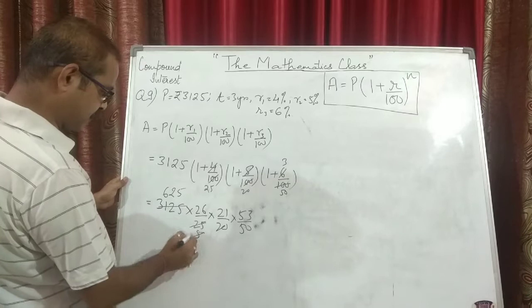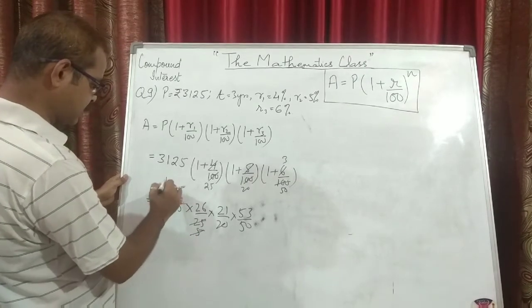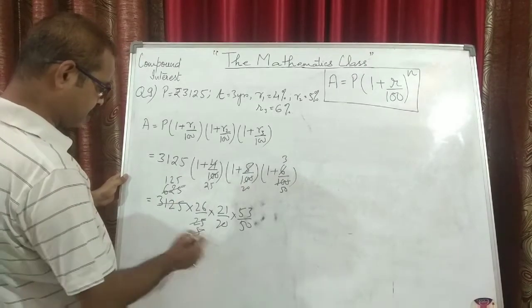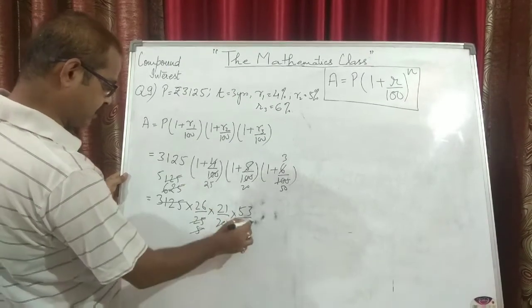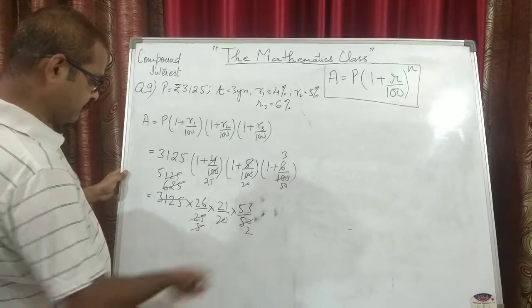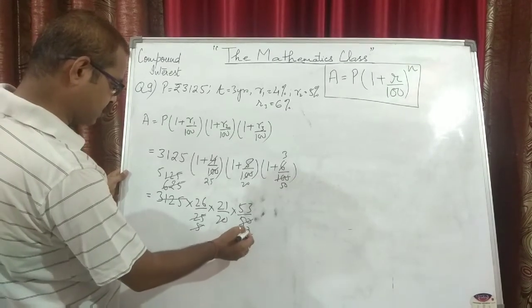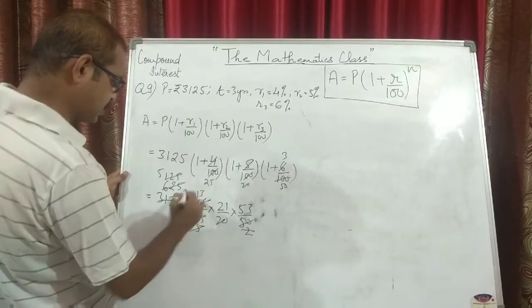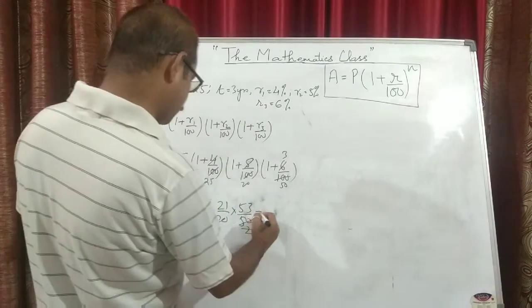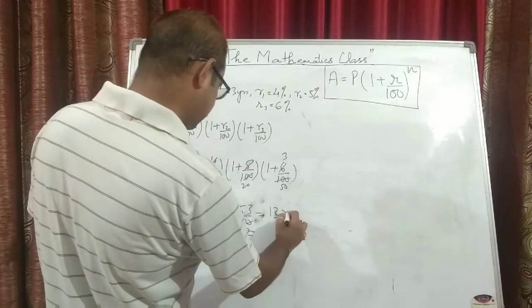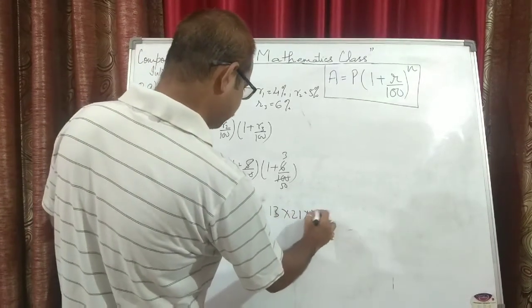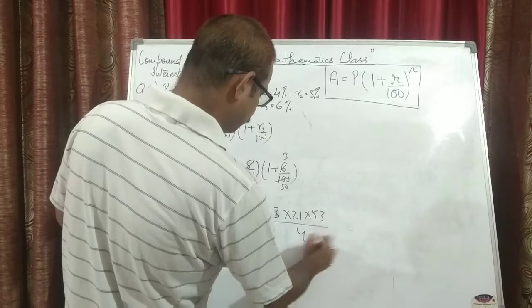Now 5 1s are 125. Now 25 5s are 125, 25 2s are 50. Now you can just solve it out. 2 13s are 26, so finally we got 13 into 21 into 53 upon 4.